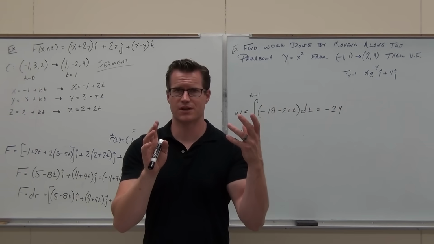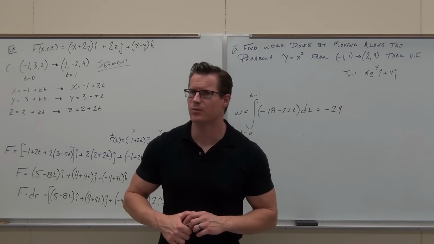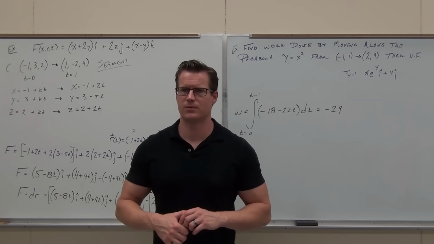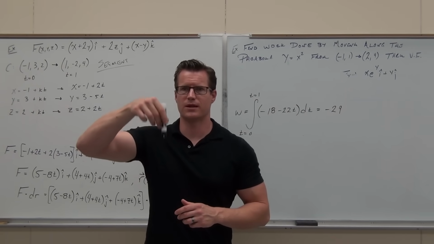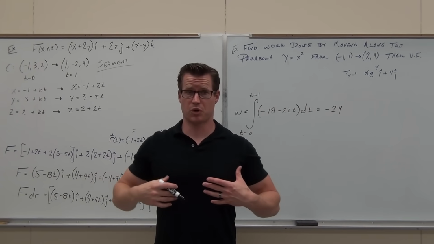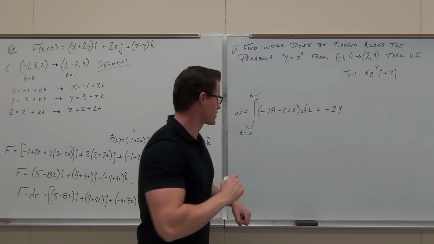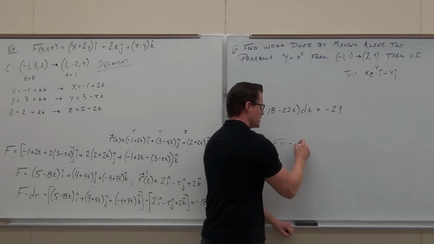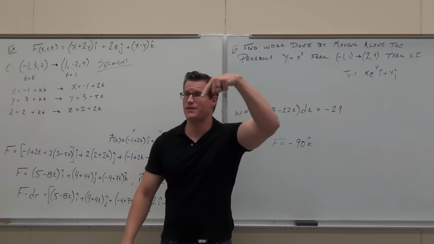Could you find a force if I tell you that this person who weighs 90 kilograms is climbing the staircase? Where's her force being applied? Or his force, I guess 90 is pretty heavy. Well, it's being applied directly down. So your force looks like this, negative 90k, because you're applying force vertically. That's how you would get that.